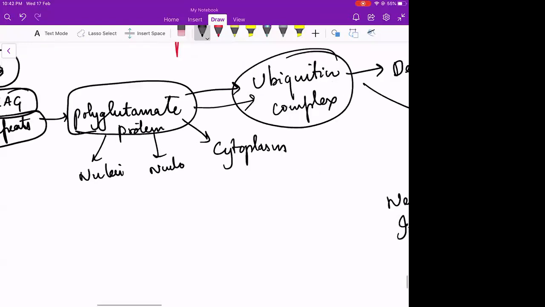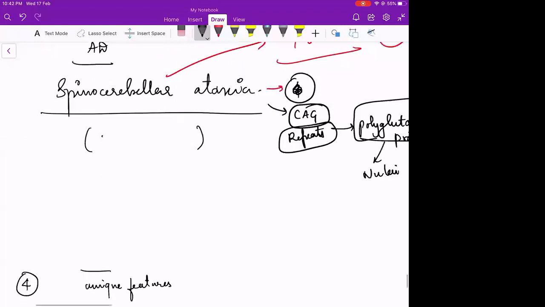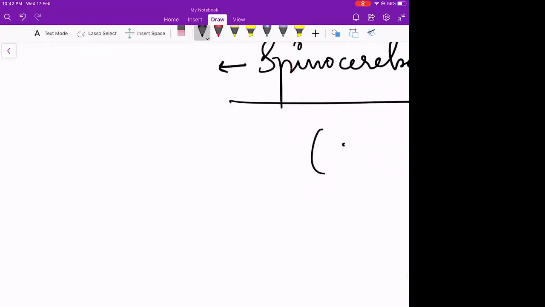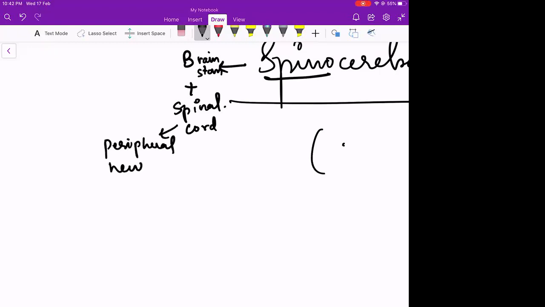Particularly, spinocerebellar ataxia can have symptoms from, as the name suggests, the spine. We can include the brainstem plus the spinal cord. The patient will have peripheral neuropathy. We will deal with each particular type of ataxia, which will have particular predominant symptoms.